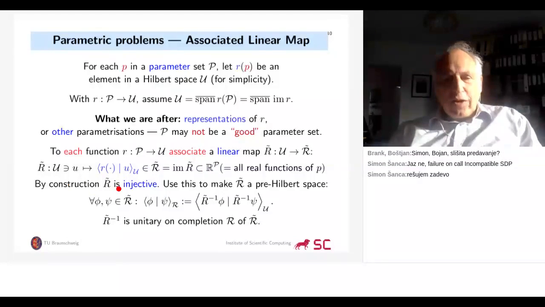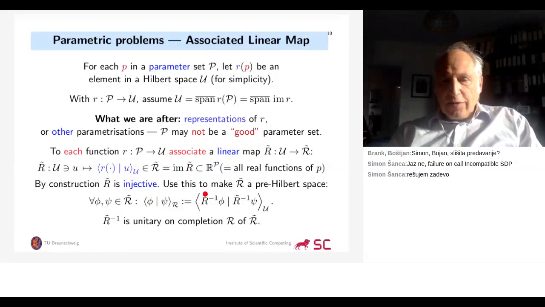And by construction, of course, this is an injective mapping which I've just built here, because it has the same information as this R of P. Now what I can do, I take the inner product which I have on this space, which was used to build this mapping, and pull it back with this injective mapping to build an inner product on this space of functions.